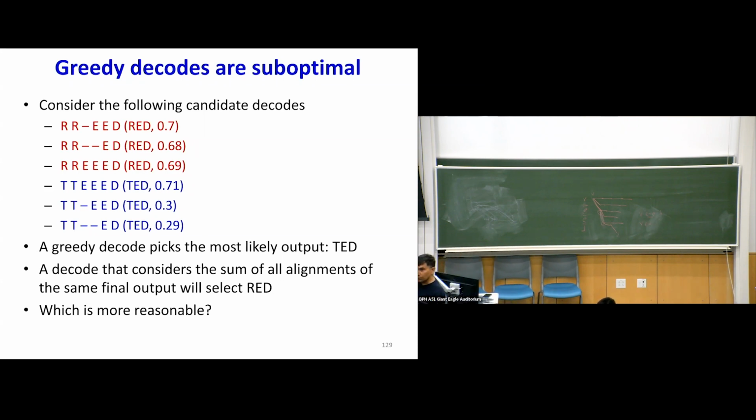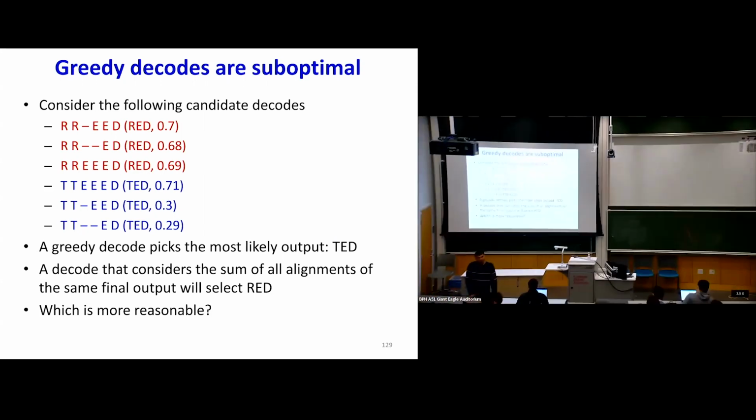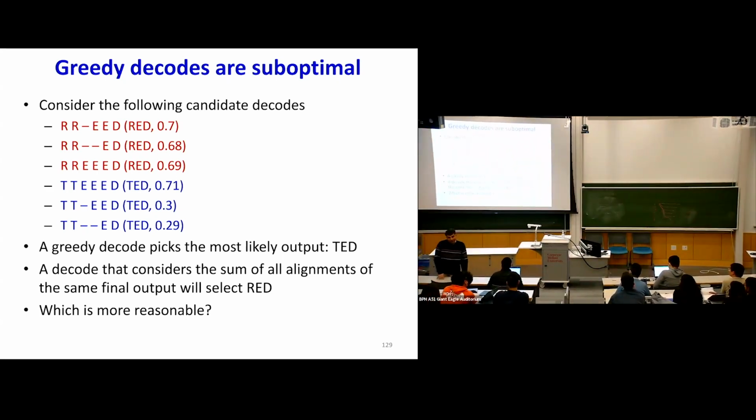Given this, which would you choose? The red makes more sense, right? Overall, across all options, red is more probable. Whereas TED has this one outlier, which is very high probability. But if you consider all possible ways of aligning TED, most of them are kind of off.